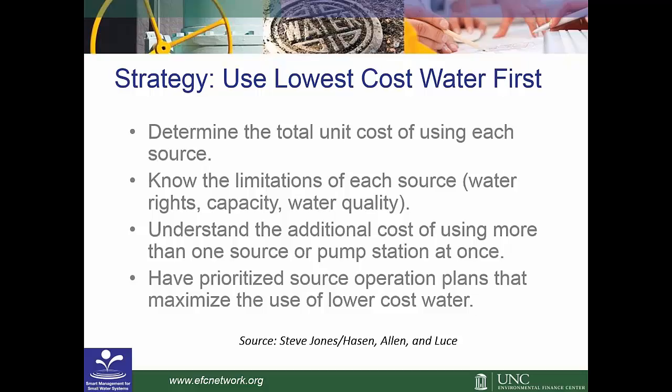Understanding various limitations on each source of water that relate to the capacity of the well or the surface water source or whatever the source is, a purchased water source, and limitations that relate to water rights or water quality, you may then be able to decide, oh, I'm going to sequence my water pumps here to pump out, in terms of the electricity cost, the lower cost water first.